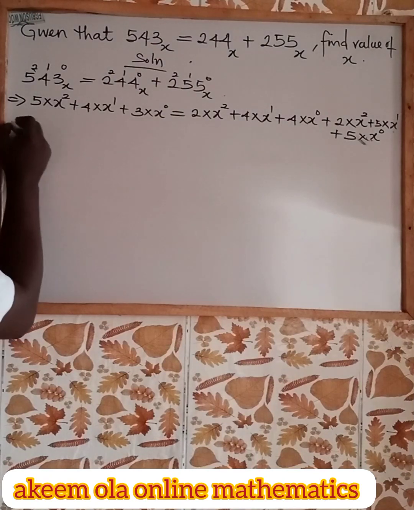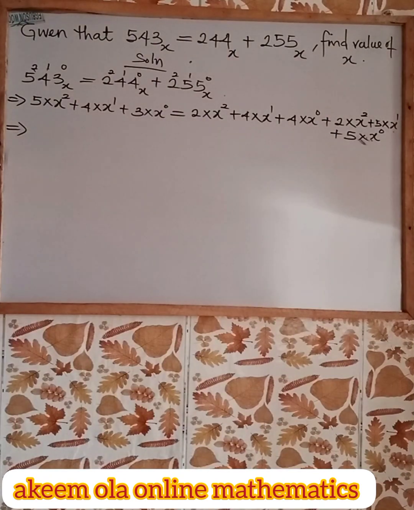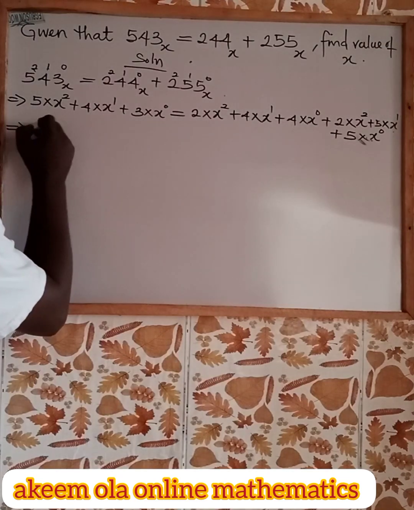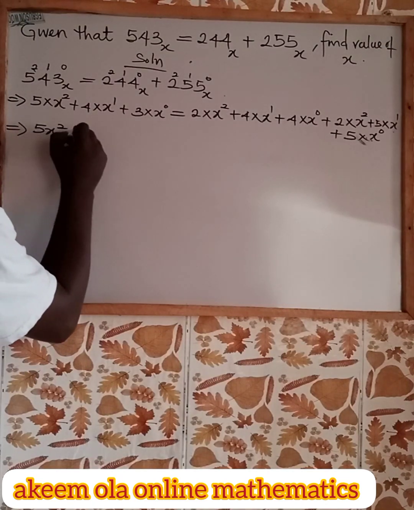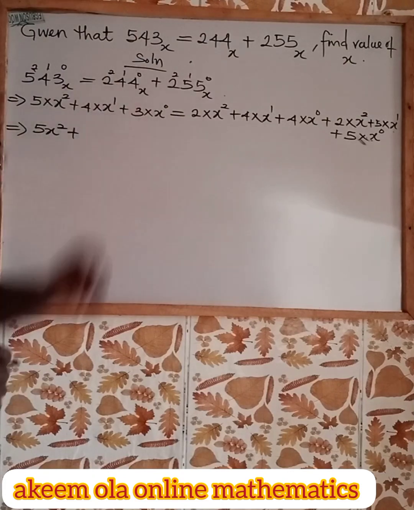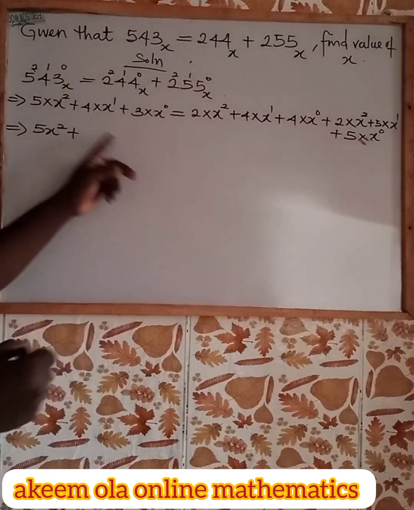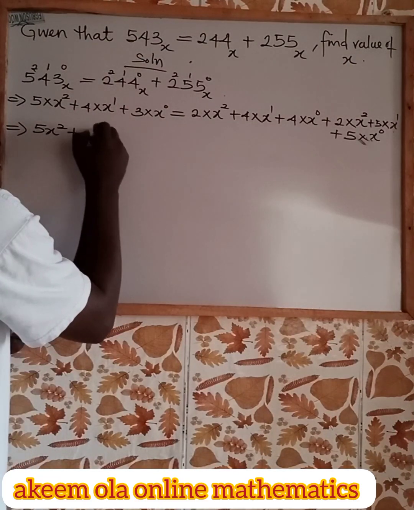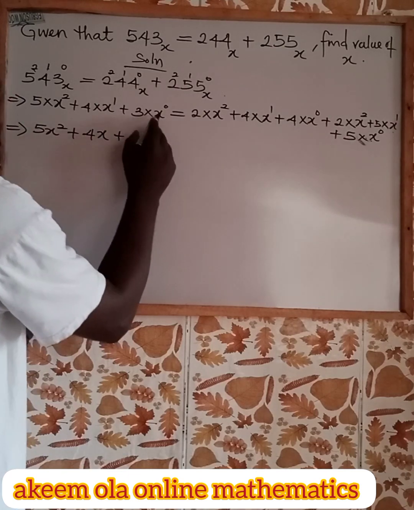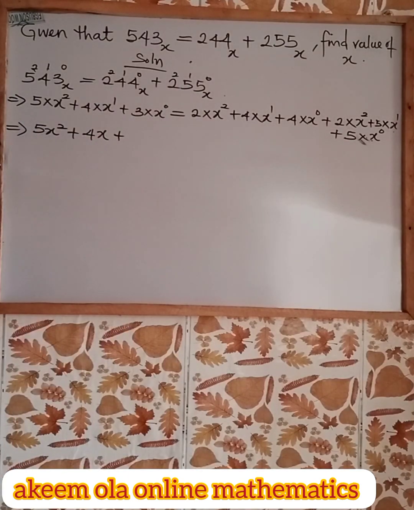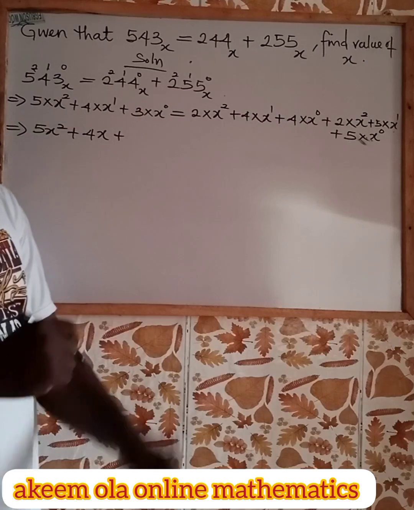So from there, let's simplify it straight. 5 times x squared will give us 5x squared, plus x raised to power 1 is x, so times 4 will give us 4x, then plus x raised to power 0 is 1, times 3 will give us 3.